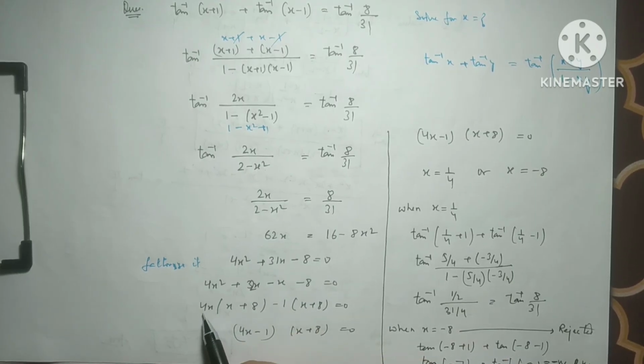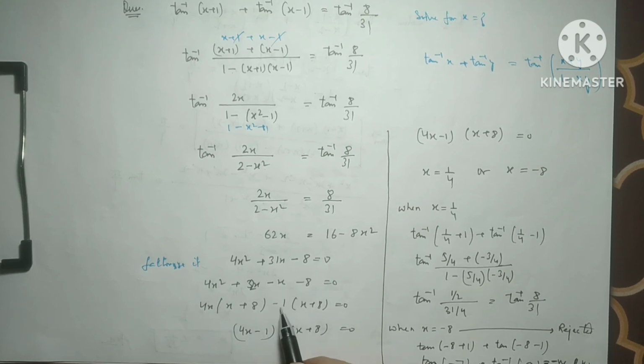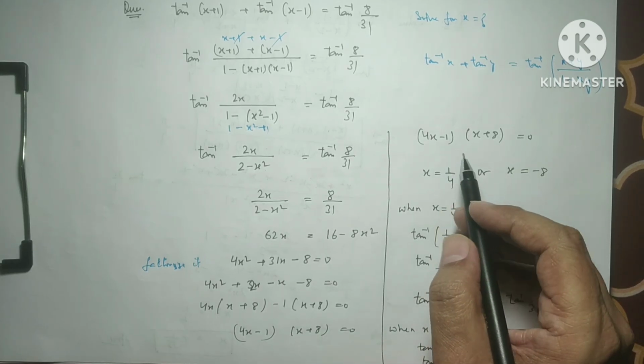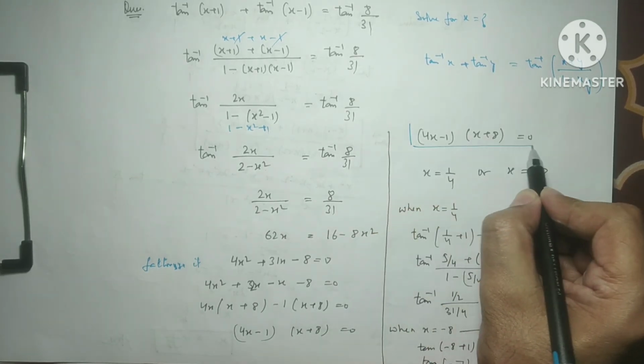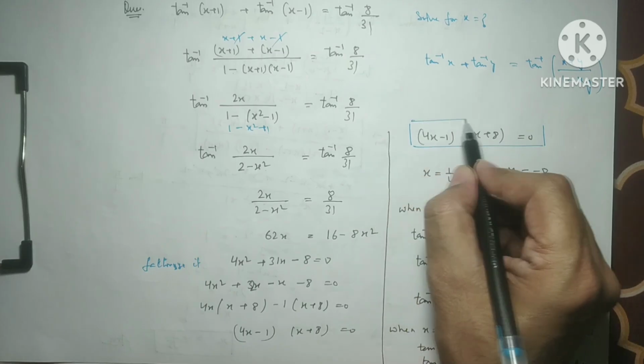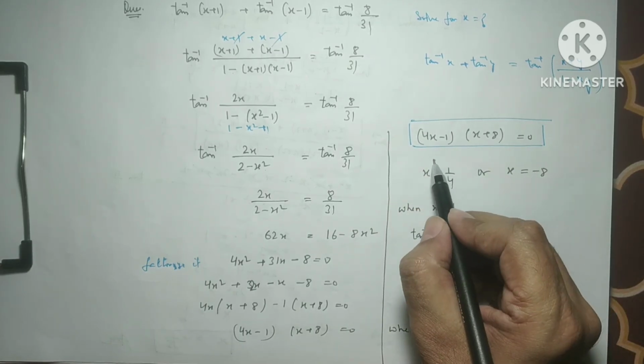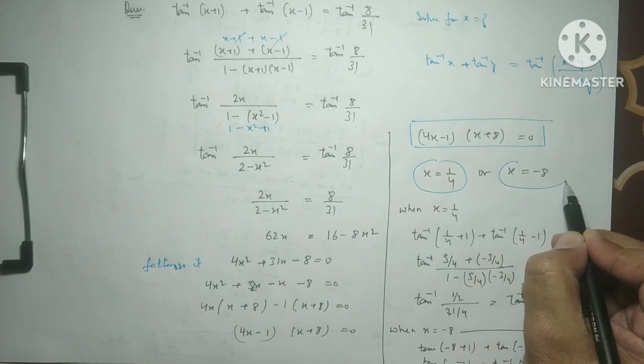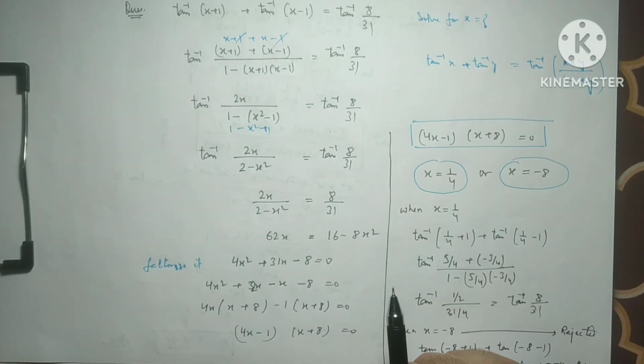So on taking 4x common, x plus 8, and minus 1 will be common with x plus 8. So we have these two factors, 4x minus 1 into x plus 8 equals 0. According to this equation, we will obtain these two answers. One possibility is x equals 1 by 4 and the other is x equals minus 8.